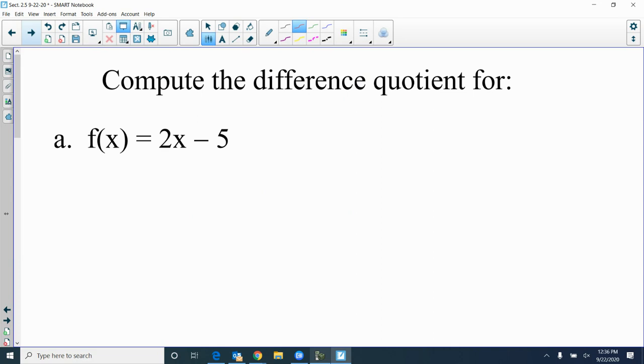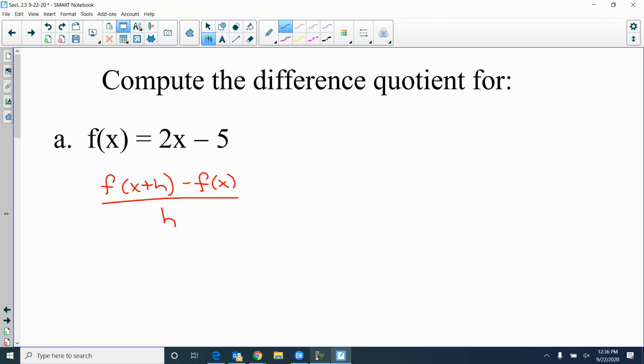So compute the difference quotient for f of x equals 2x minus 5. When it says that, you're going to find f of x plus h minus f of x all over h. That's all it's telling us to do. Like I said, there's a ton of math behind that you really have no idea about yet, and we don't even need to worry about it.